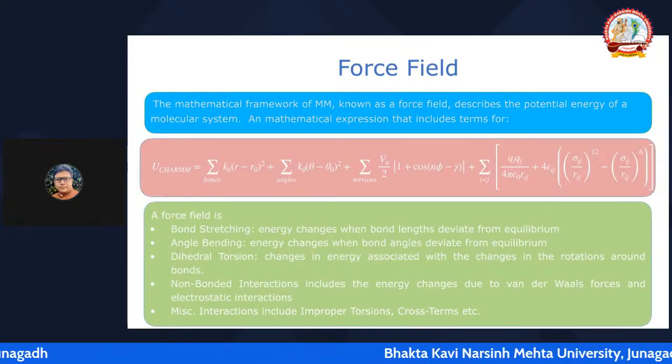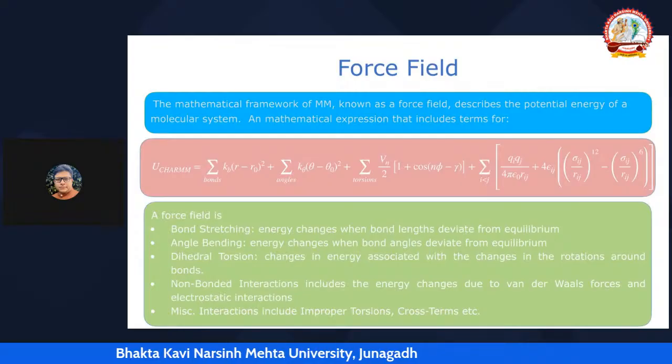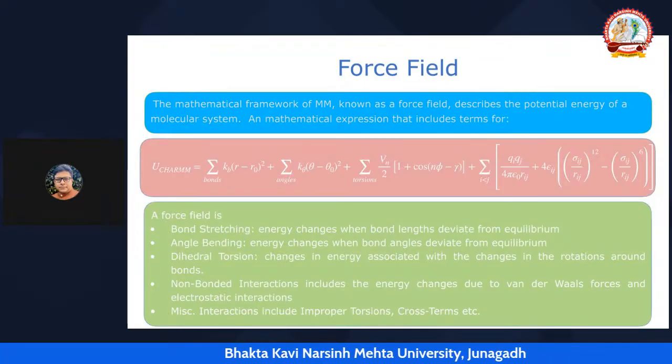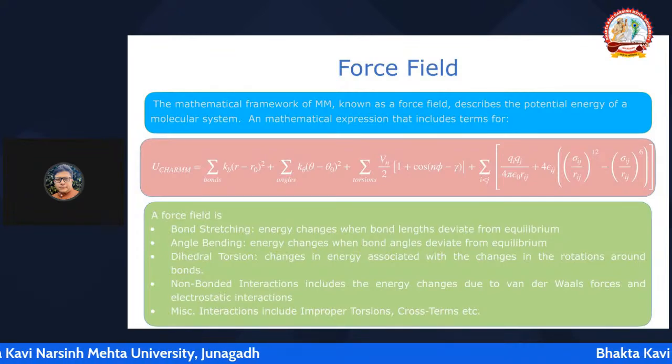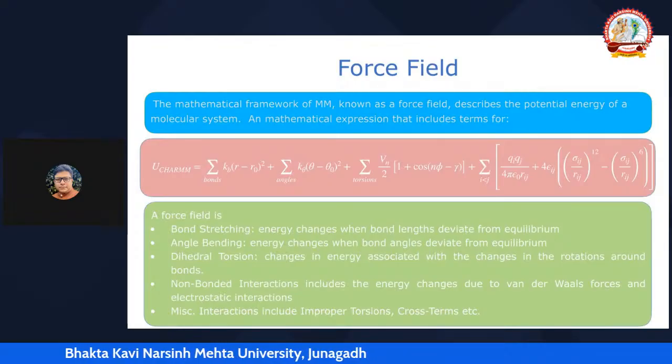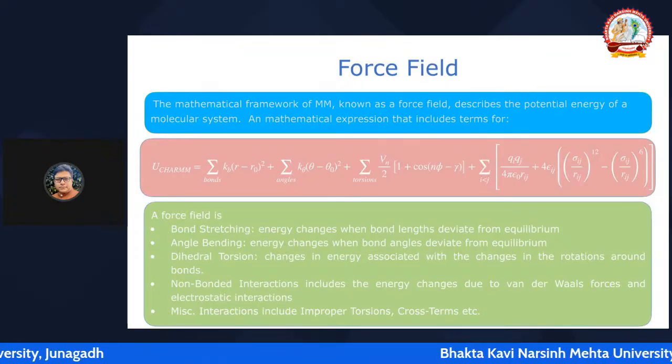Next we have what is called the torsion angle. The torsion angle is the 1-4 relationship of atoms. Atoms 1 and 2 are connected by a bond, 1, 2, 3 are connected by an angle, and 1, 2, 3, 4 are connected by a torsion.